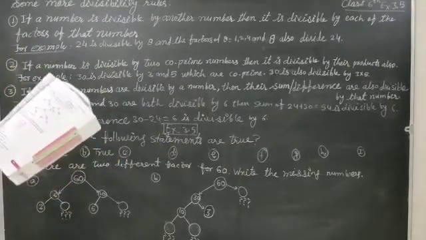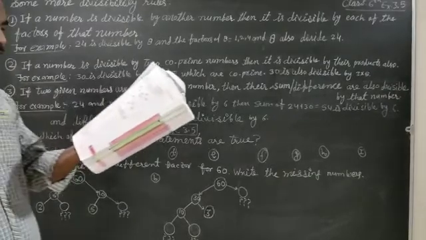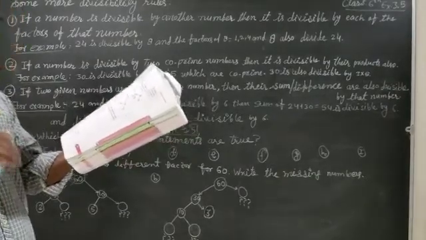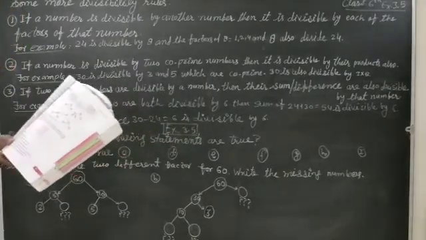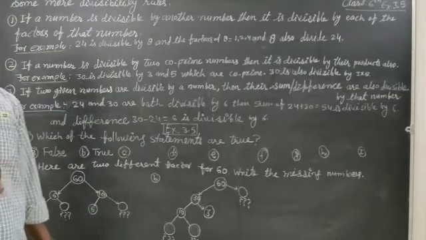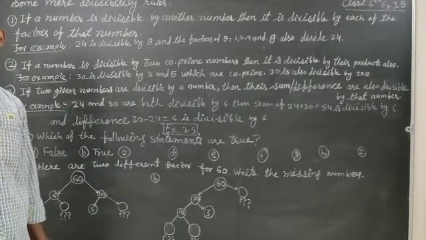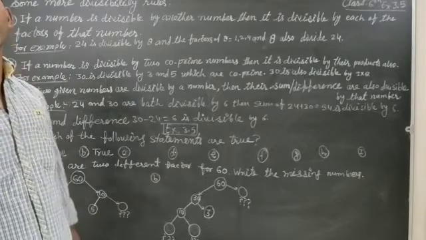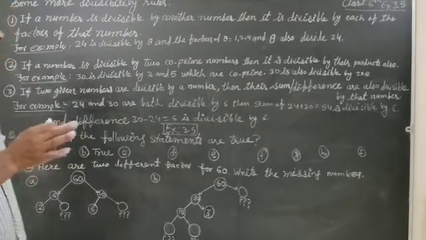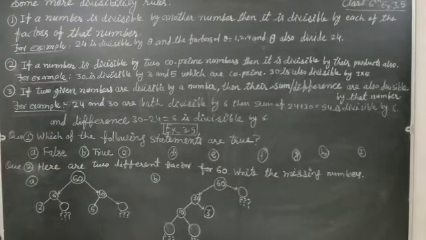C. A number is divisible by 18 if it is divisible by both 3 and 6. Any number divisible by 18 is divisible by its factors also.